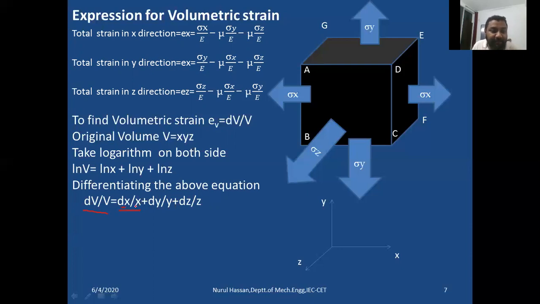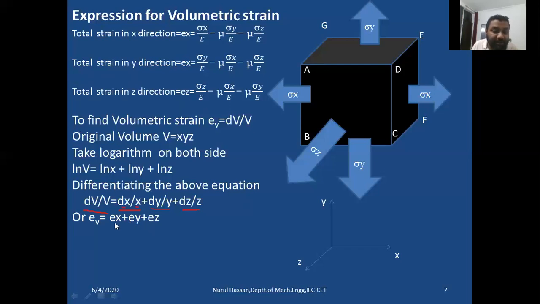So change in length by original length is the strain along x direction, that is your Ex. Similarly, dy upon y, change in length in y direction divided by y, that is your Ey, and dz upon z, change in length in z direction divided by the original length, is Ez. So that means I am getting Ev is equal to Ex plus Ey plus Ez.